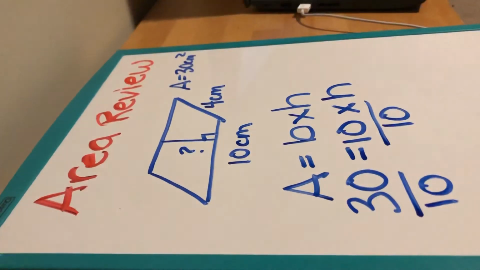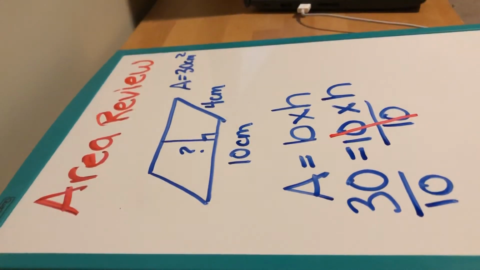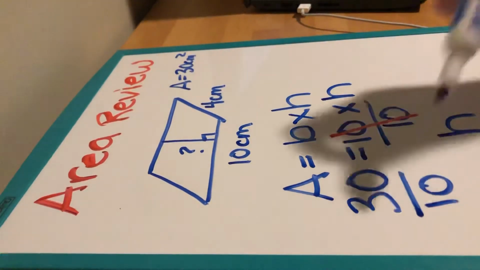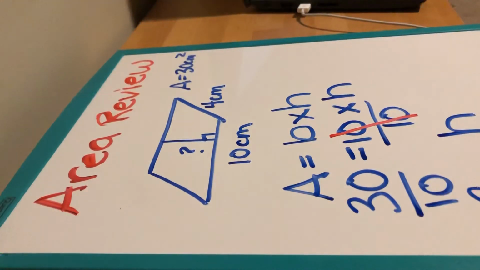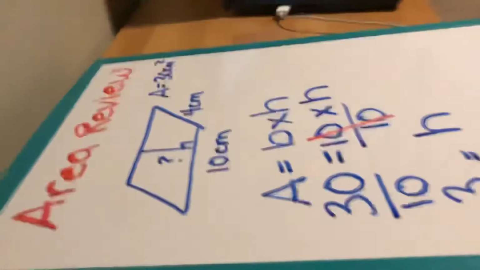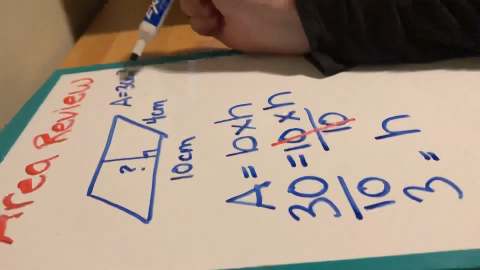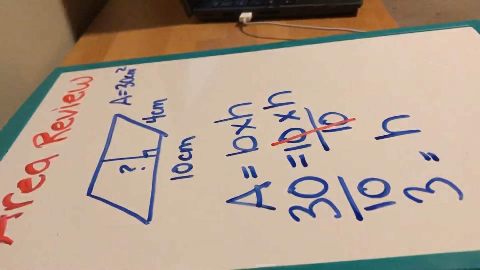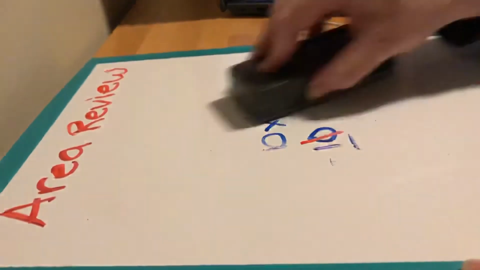Now, my times 10 divided by 10 negate or cross each other out, and we're just left with H. The math on this side is 30 divided by 10, which is 3, and we now have an answer of 3 equals H. So now I know that my whole area is 30, my base is 10, and my missing answer is 3. Okay, let's do one more just because that is kind of a trickier concept.